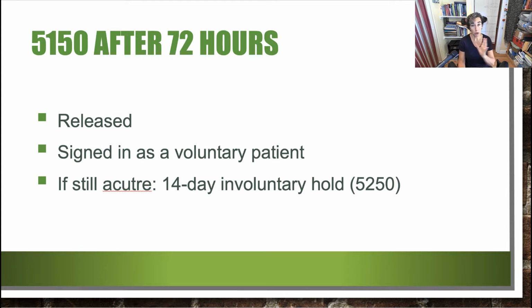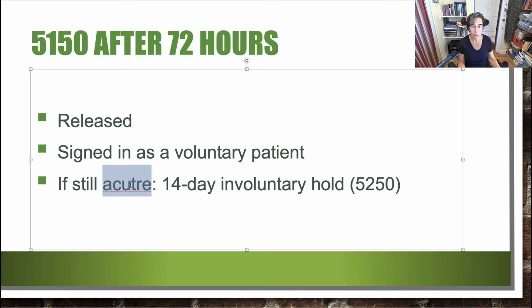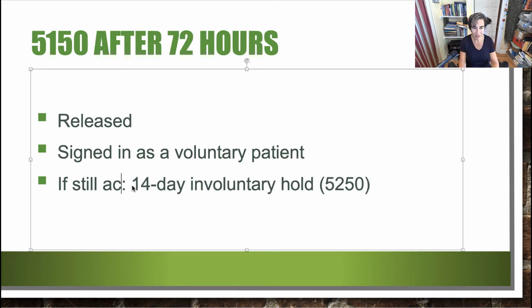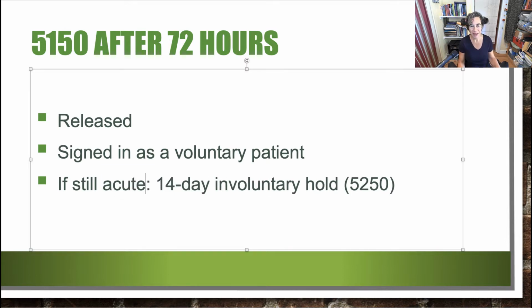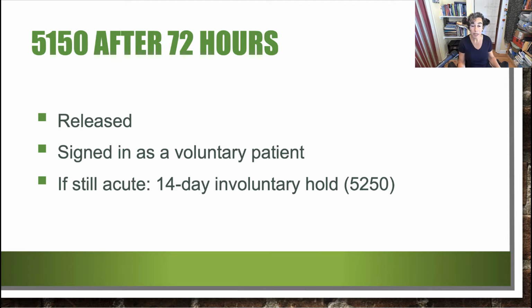After this initial period of 72 hours, there's a few things that could happen. Either the individual will be released, or they will sign themselves in voluntarily into the setting, or, if they're still acute, they will go on a 14-day involuntary hold, and this number is called a 5250.